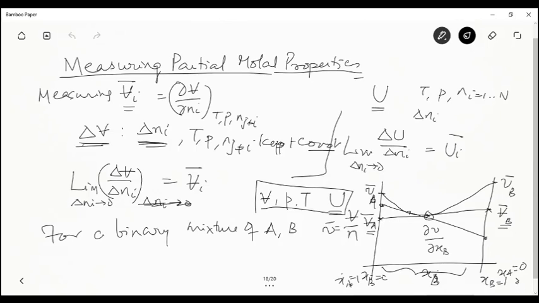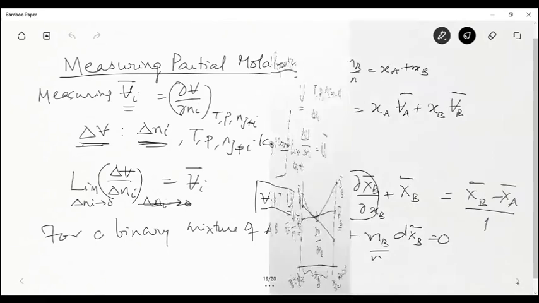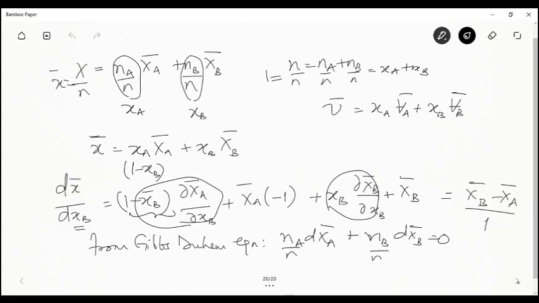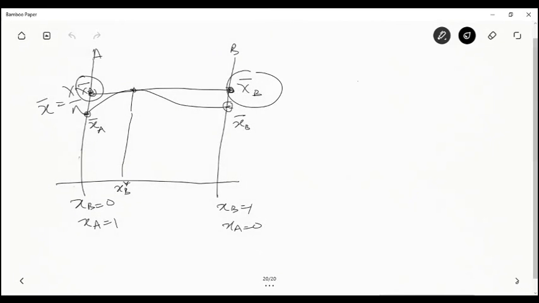They can be measured by keeping all the other parameters constant and changing only the number of moles of one species, and measuring the change in volume and the change in internal energy due to that. Using that we can derive the partial molar properties. This then helps us to determine the partial molar Gibbs function as well.